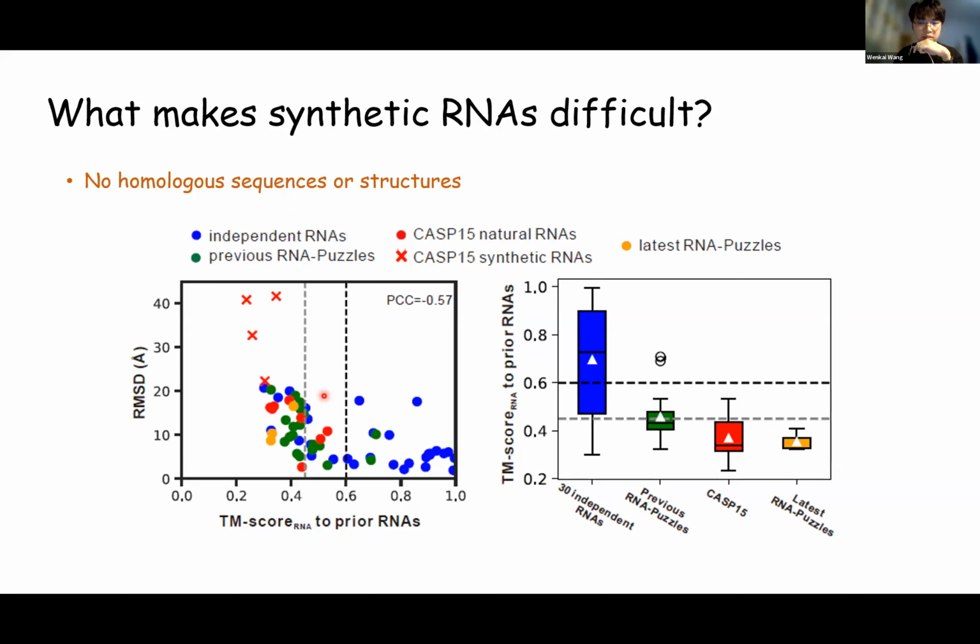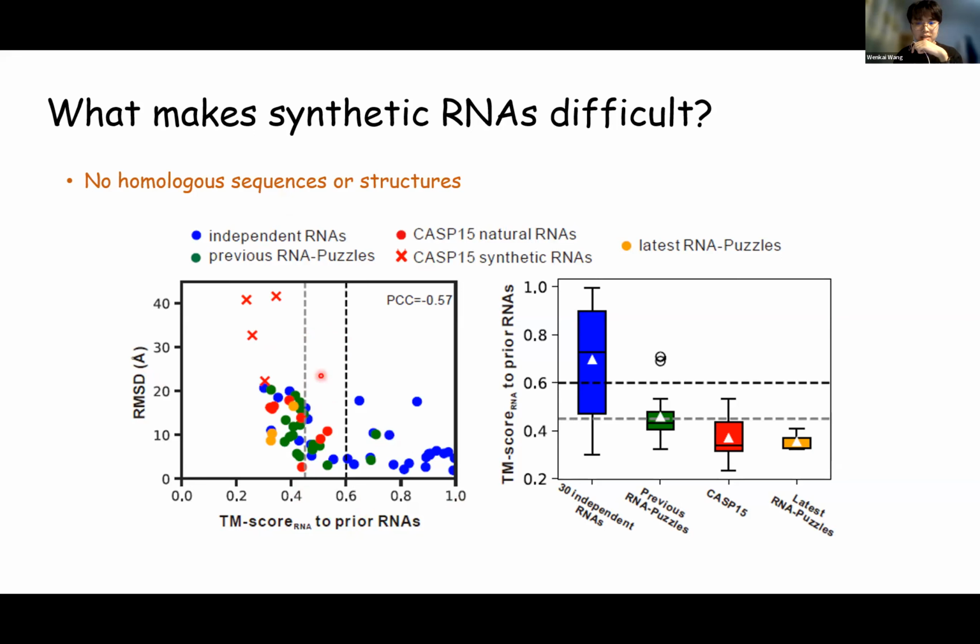The left figure shows the relationship between the RMSD of our predictions and the structure similarity to the known RNAs in the PDB database. We can see an obvious negative correlation here.